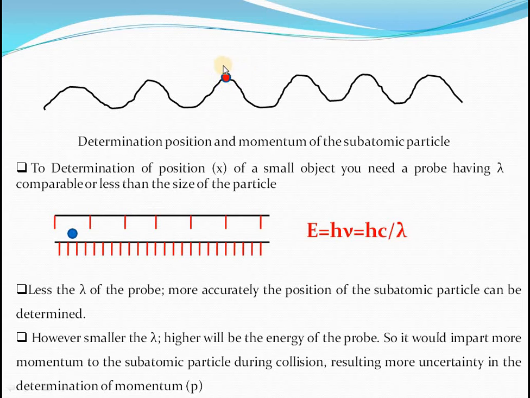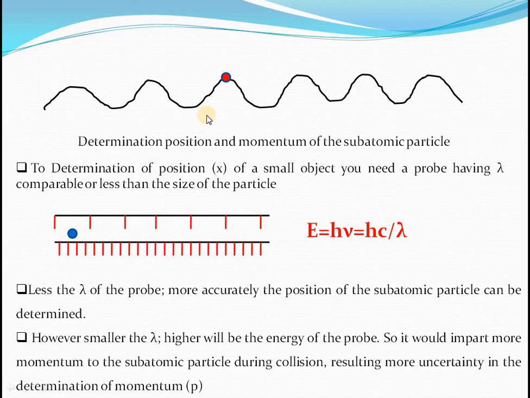Similarly, if we want to determine the momentum of this subatomic particle or electron very precisely by using a very high wavelength probe, then we will end up with a position whose value is very uncertain.